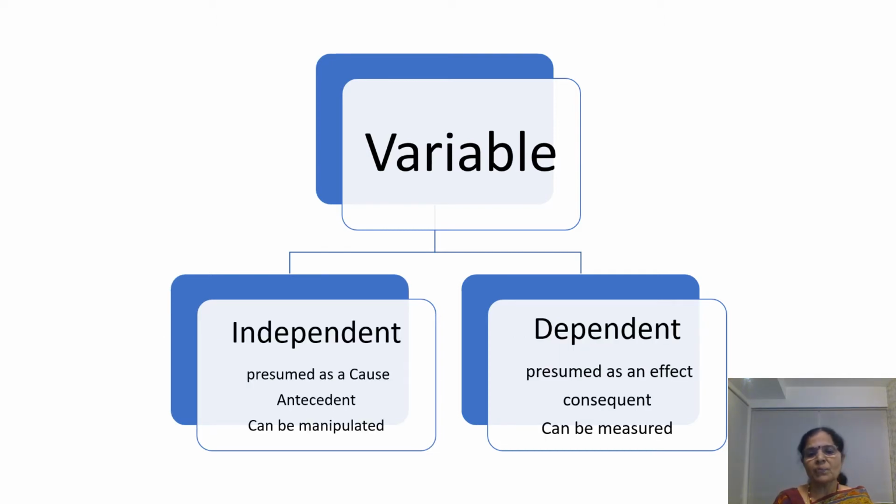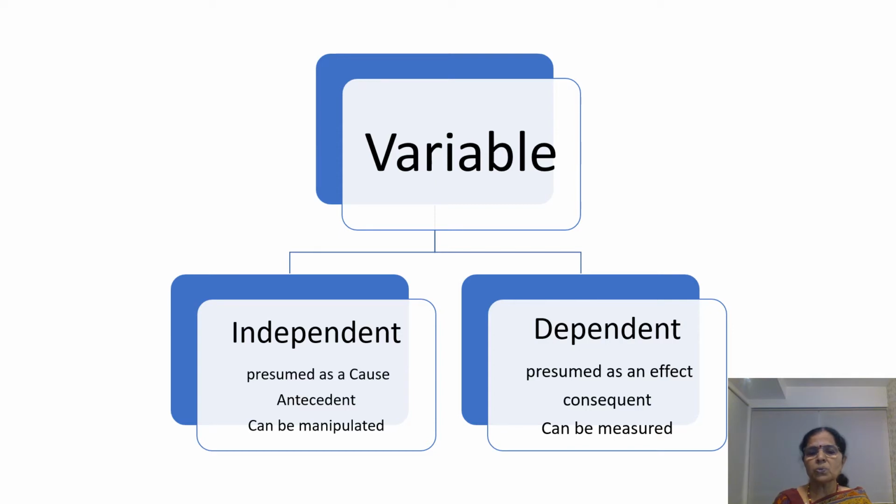Another way of classifying variable is to group them as independent or dependent variable in research studies. Independent variables can be manipulated and they serve as a cause. They are presumed as a cause, whereas dependent variables serve as effect and they are usually measured to find out the effect.